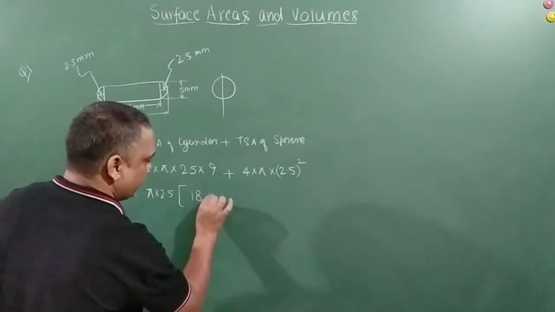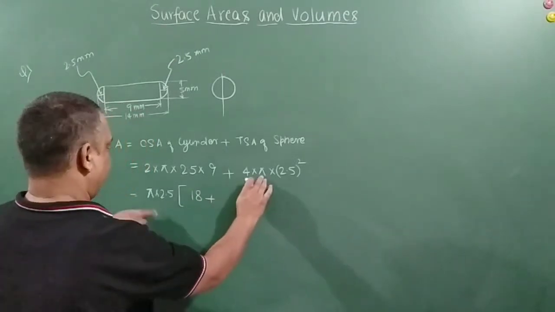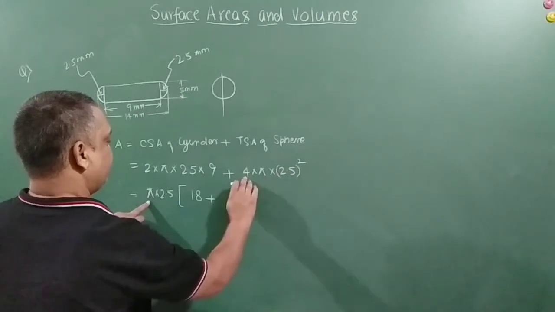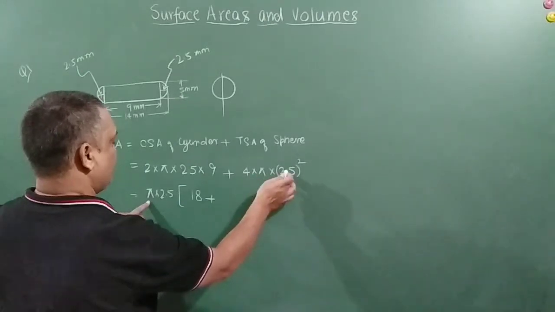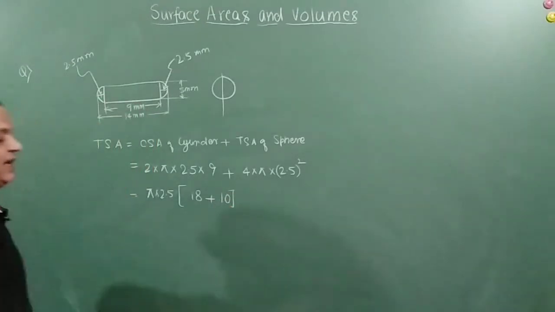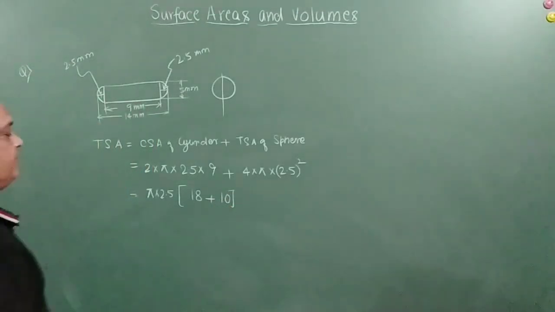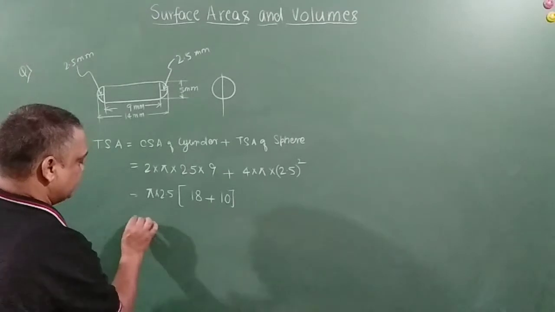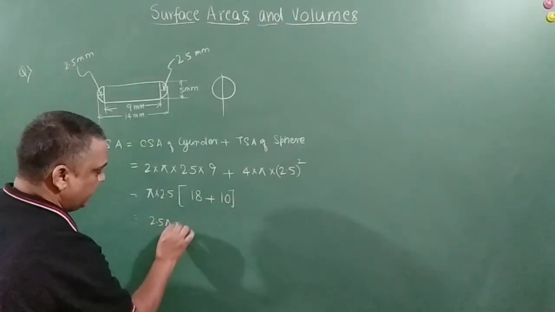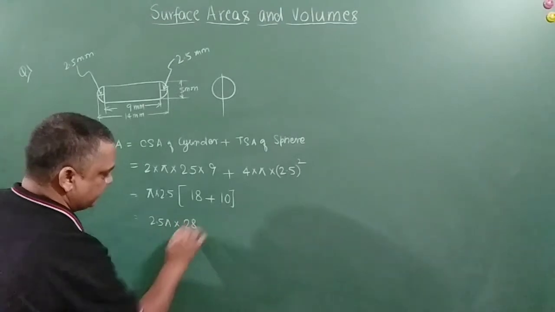Plus pi we have moved out, 2.5 we have moved out. So 4 we have not. So 4 into 2.5 is nothing but 10. You are getting, my friends? 2.5 into 4 is 10. So that is equal to 2.5 pi into 28.